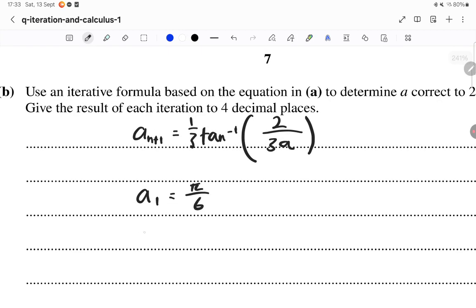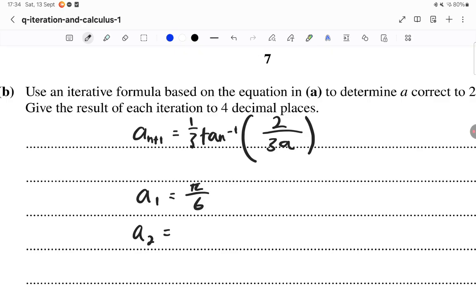So we have this value here, right? So for our second iteration, we're gonna sub this A value into here. And I'm gonna put it in my calculator. I suggest that you convert your calculator to radians to give you an answer in radians.